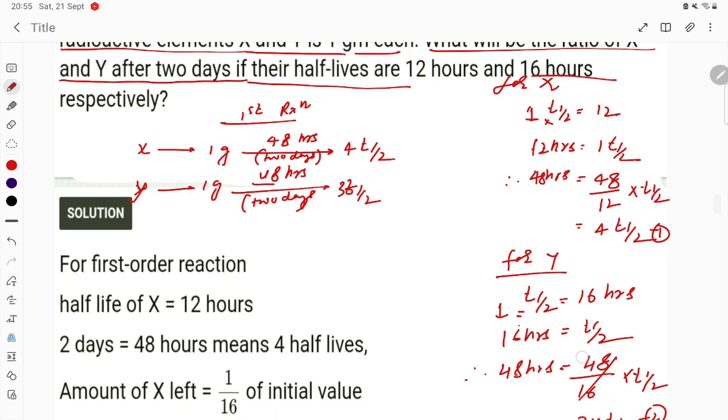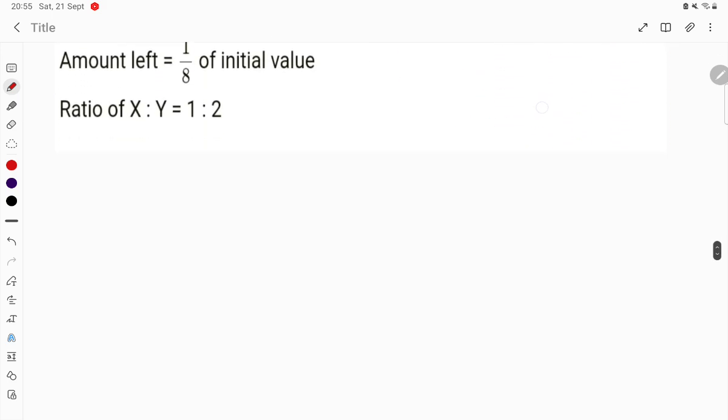Keep one thing in mind, dear student. X is equal to 4 T1/2 and Y is equal to 3 T1/2. The total initial amount is 1 gram.